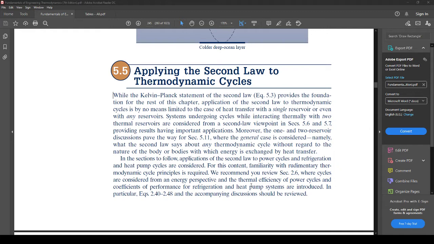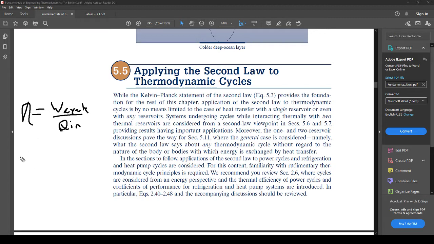We recommend you review section 2.6, where cycles are considered from an energy perspective with the thermal efficiency of power cycles. I'll write those equations on the board, but if you recall, it was eta. Eta was the work of the cycle over Q in, right?